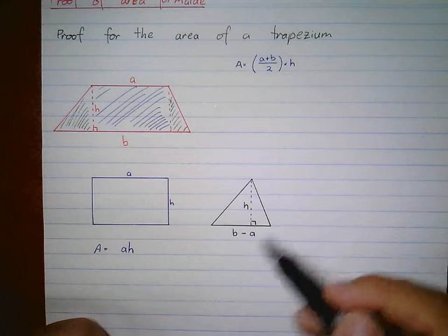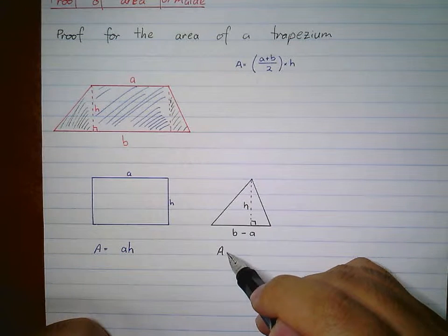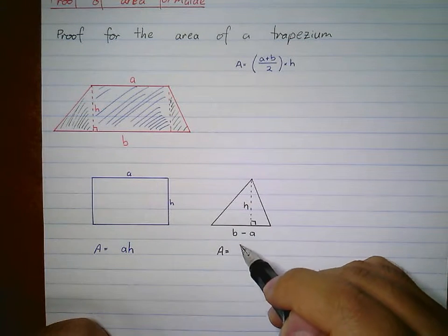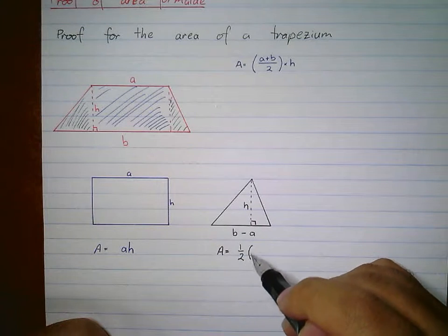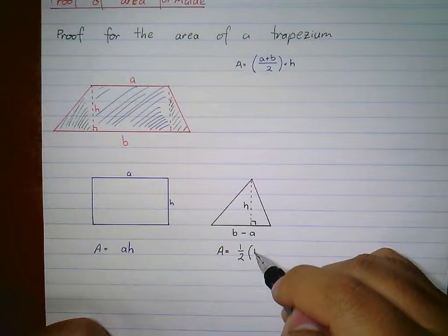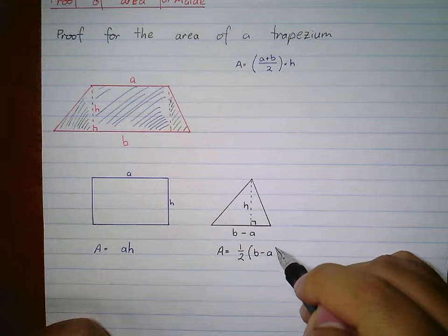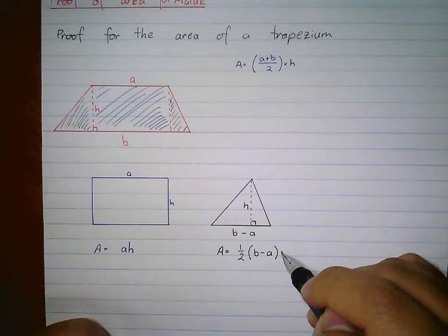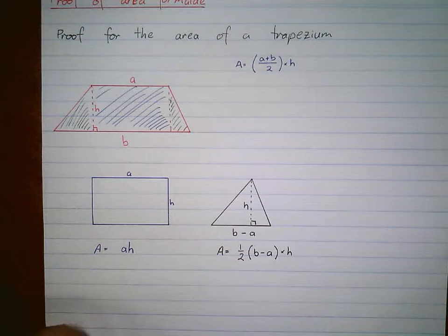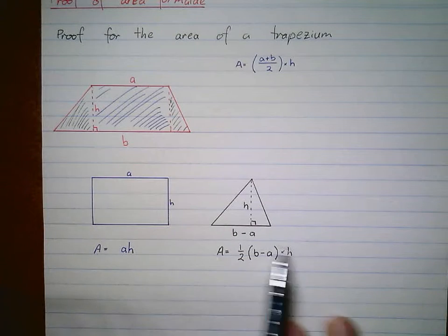So the area of this triangle is half of the base, which is b minus a, multiplied by the height.